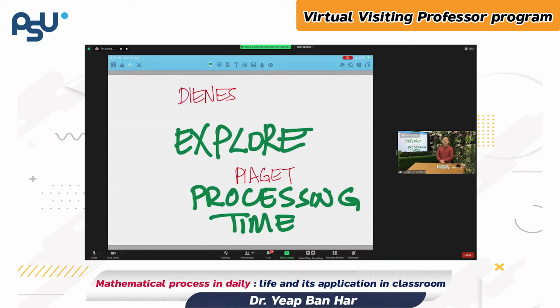In a traditional classroom, we ignore Piaget. We don't care about Piaget. In a traditional classroom, I come to class and I say, good morning. Sawadee krap. Everyone listen to me. We will start the lesson now. There's no processing time. We expect students to be like a machine.